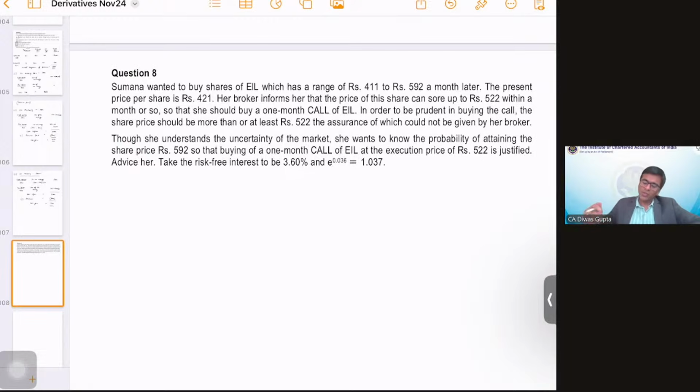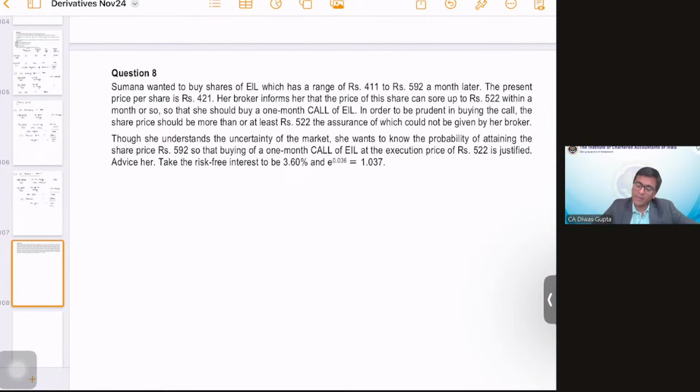Suman wants to buy shares of EIL, which has a range of rupees 411 to rupees 592 a month later. The present price per share is 421.